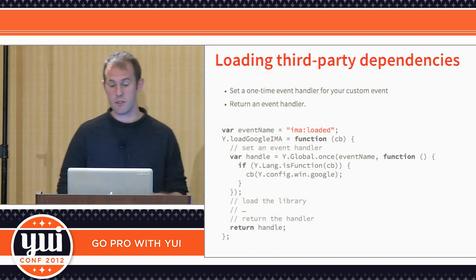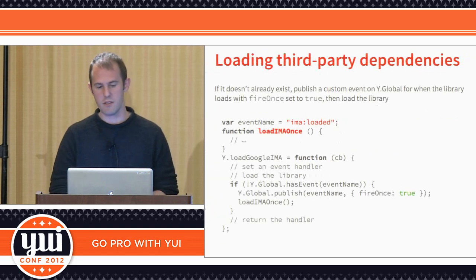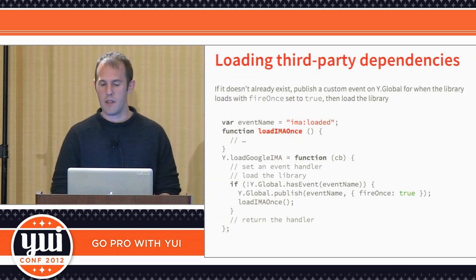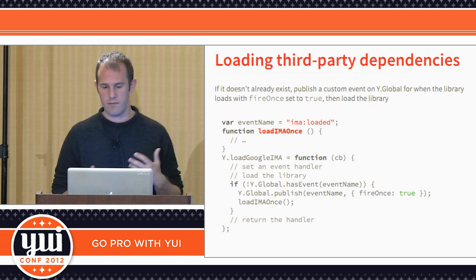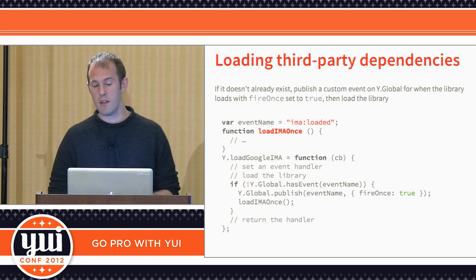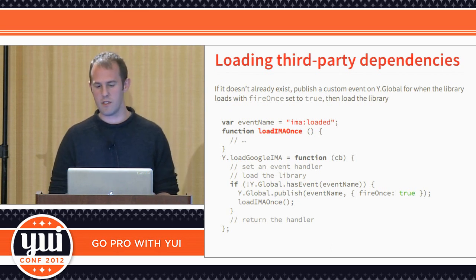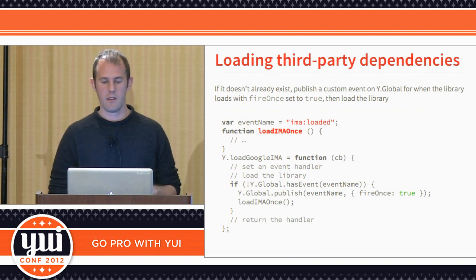And you can return an event handler to detach if you no longer become interested in it. And then if the custom event doesn't already exist, then you just publish that event and tell it to fire once.